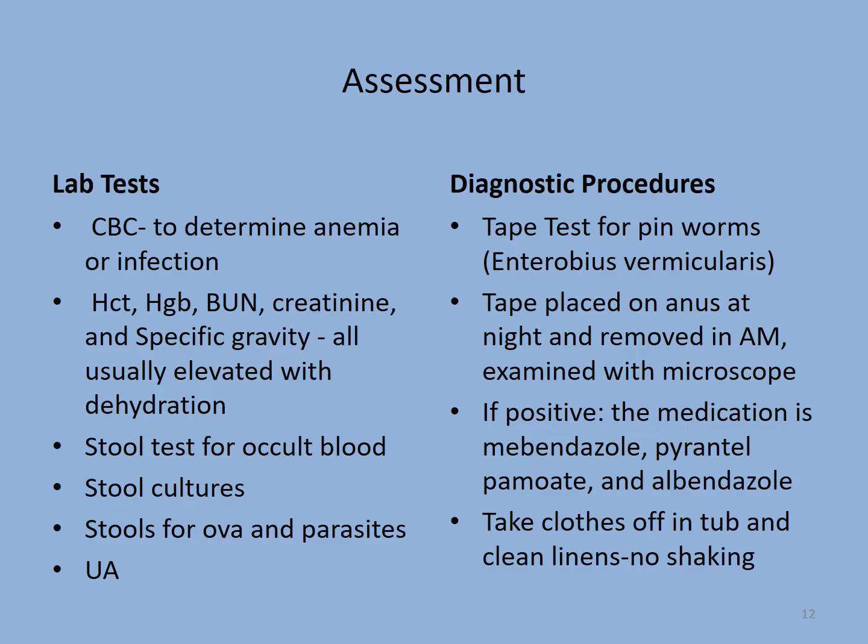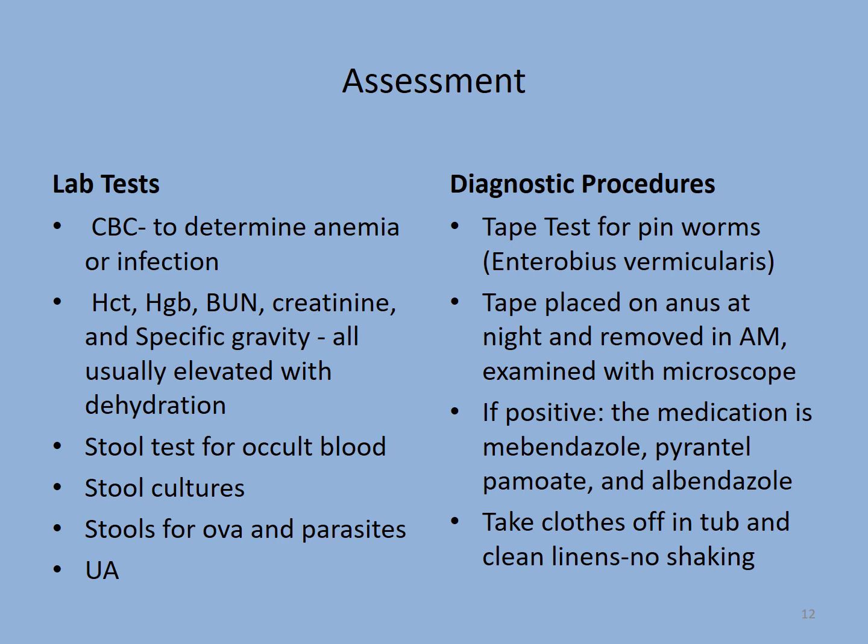Tests that can be run to see if the child has infectious diarrhea or gastroenteritis are listed on the left, and the right talks a little more about the pinworms and the medication for the pinworms. So a CBC, because sometimes these kids become anemic, or they have an infection somewhere else.